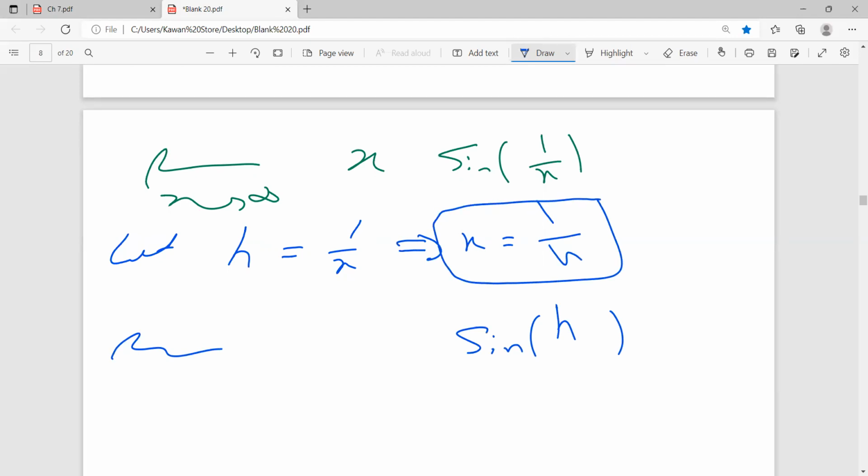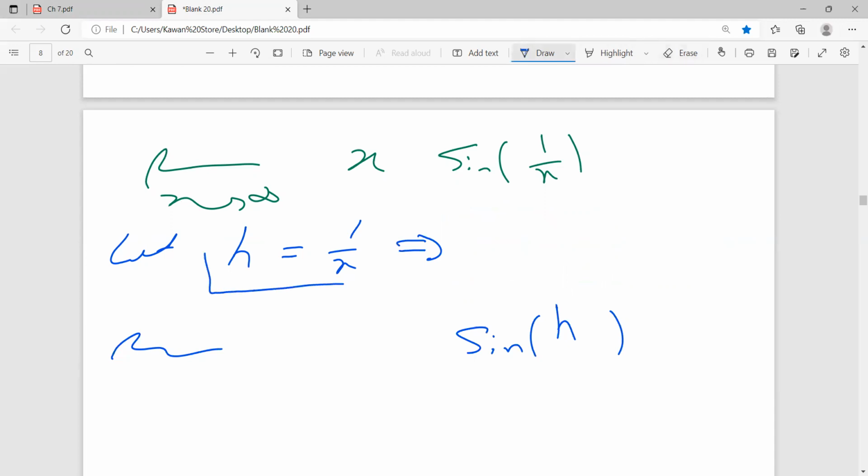Did you understand? You didn't understand, okay. So I'm happy because you didn't understand. At least you say that. So I have this substitution, right? So I'm going to change it. We say h multiply x is equal to 1. Am I right? So x is equal to 1 over h.